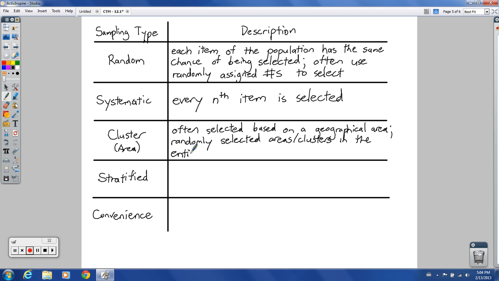So maybe your entire area is a city, and you break it up into different neighborhoods, and you would randomly select some neighborhoods, some areas or clusters in the entire city. Those selected areas are then analyzed.